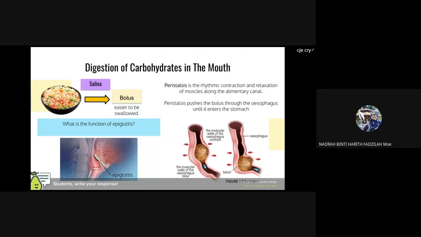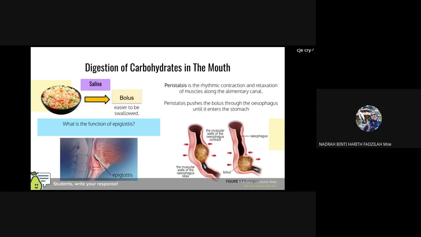So as the bolus enters our esophagus, it is basically a wall with epithelial tissues and smooth muscle tissue. So the smooth muscle tissue will contract and relax to form peristalsis. Peristalsis will push the bolus from the upper part of esophagus downwards into the stomach.